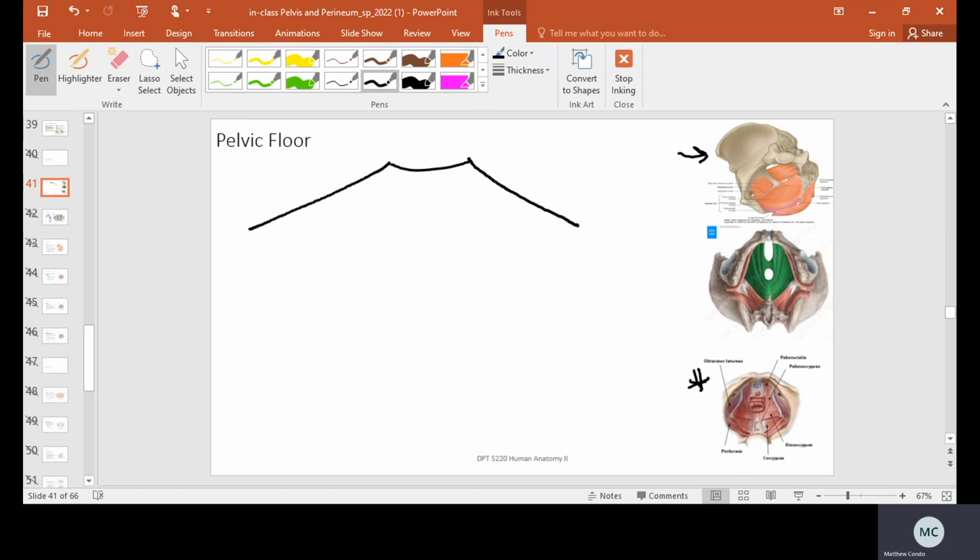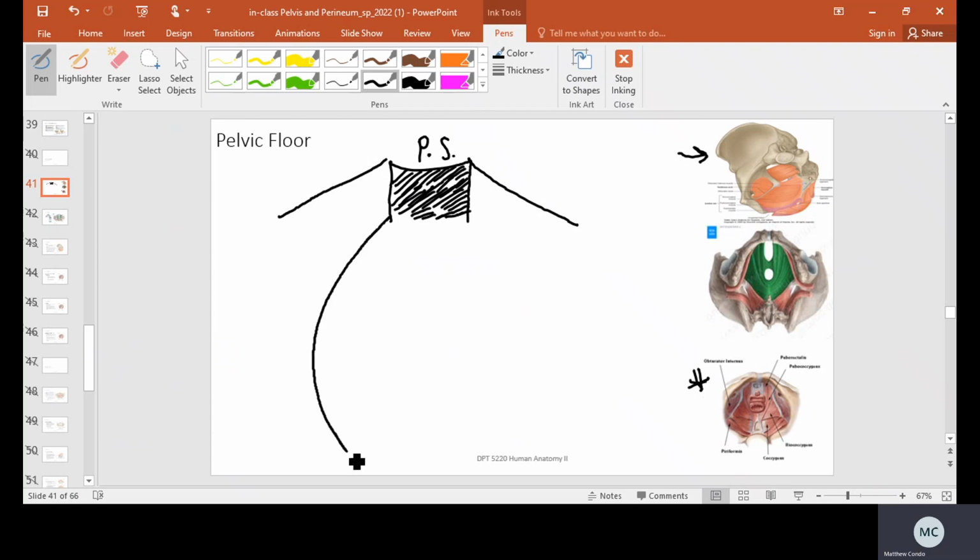is draw in our pubic rami and our pubic symphysis. So here's my pubic symphysis. And then I'm going to draw this big ring because that's going to represent my pelvic ring.